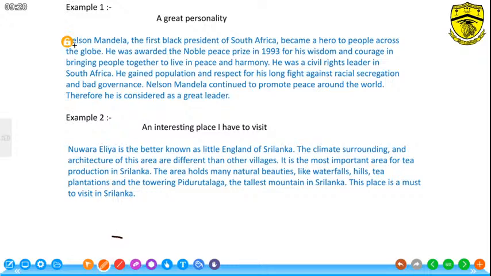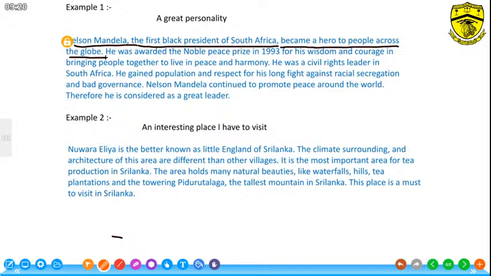the first line, right, is an opening sentence, that means the topic. Nelson Mandela, the first black president of South Africa, became a hero to people across the globe, right?